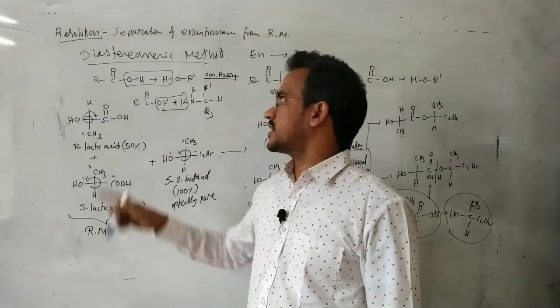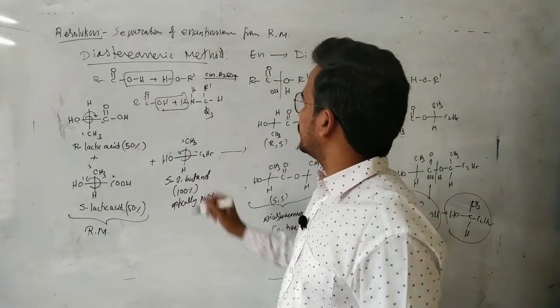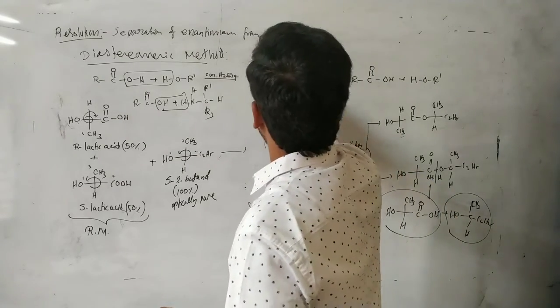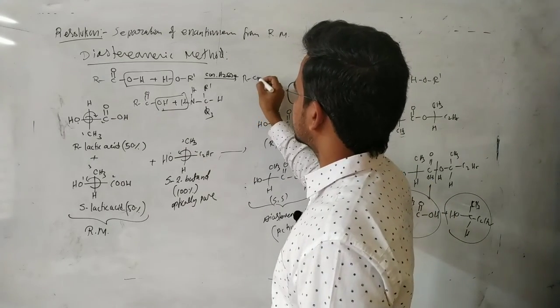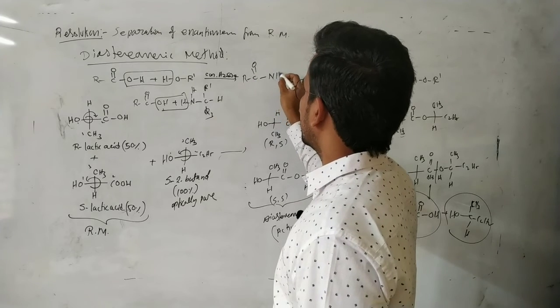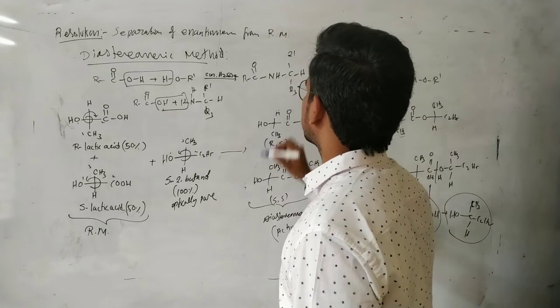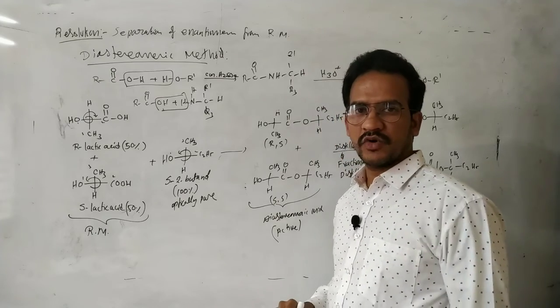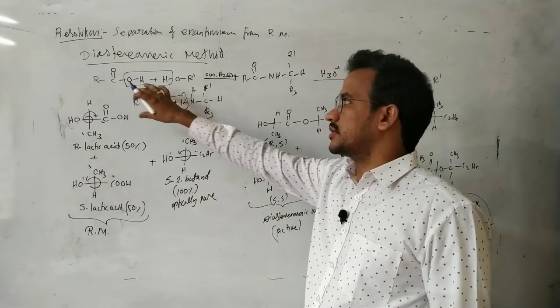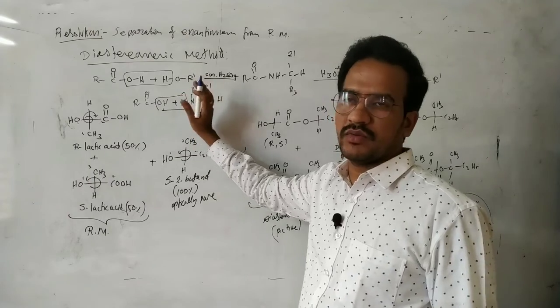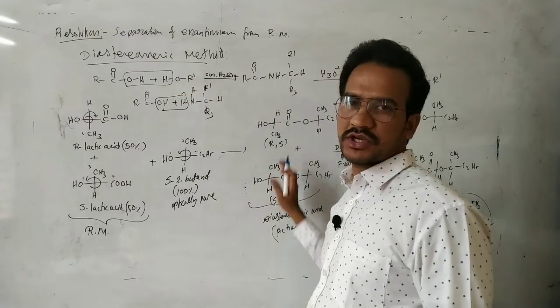That means carboxylic acid and amine, we will get the amide actually. That means here RC double bond O, here NHC, R dash, hydrogen, this is R3, amide. That means the enantiomeric mixture of the carboxylic acid, by reacting with optically active amine, we will get the diastereomeric mixture like this.